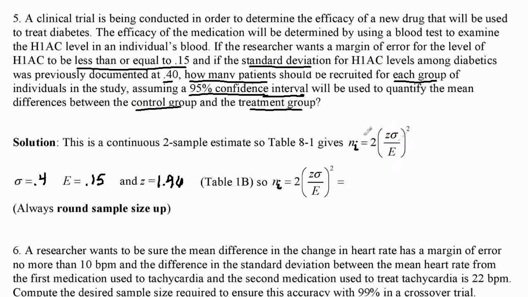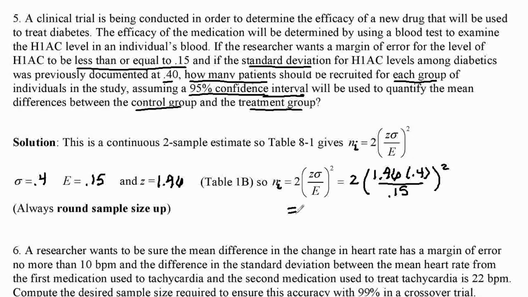So now we're all set to plug into this formula. So we've got that 2 out in front, and then our z-value is 1.96. Sigma was 0.4, and our margin of error is the E downstairs. That was 0.15, and then that whole thing gets squared.